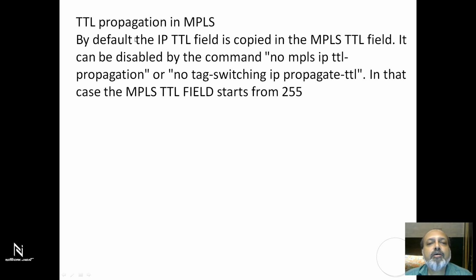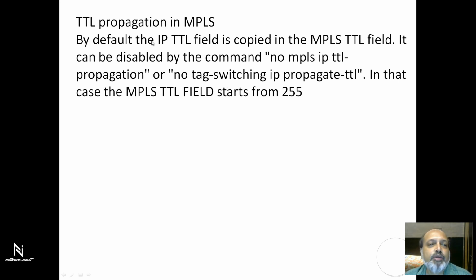And finally, I am just reading this out because it needs to be shown in the practical as well: TTL propagation in MPLS. I will not go into the description of this point, because I will visit this area again when we do the practical part, since it is difficult to understand without it.